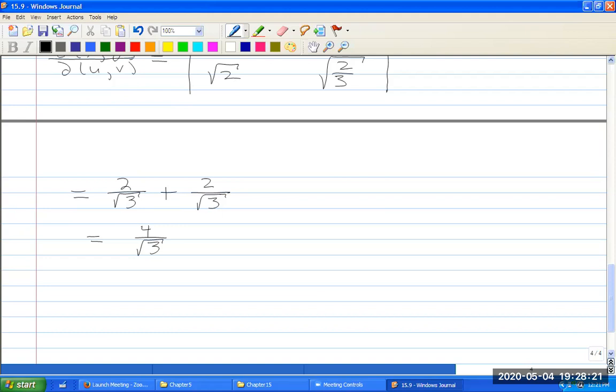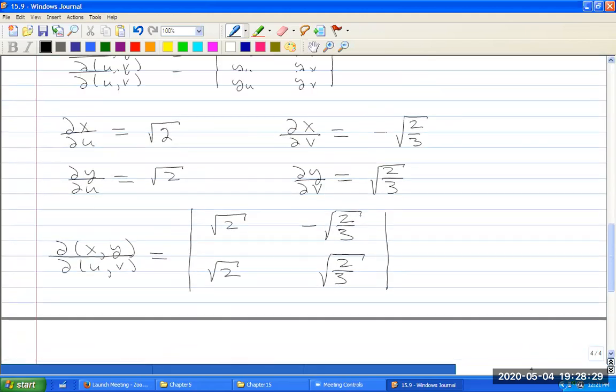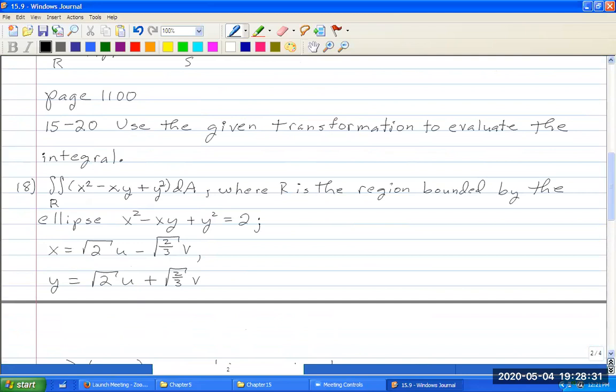Now, of course, the absolute value is just going to be the same thing because it's positive. Okay, now let's look at this guy here. So let's see what this is. And so let's figure out what that is.